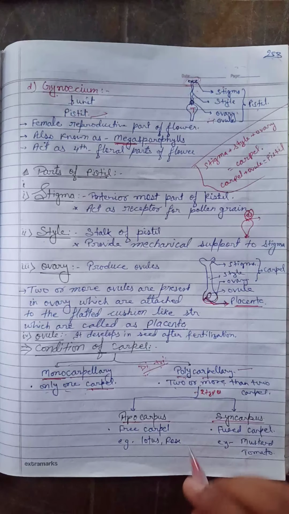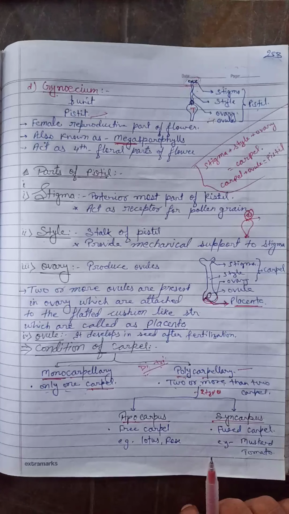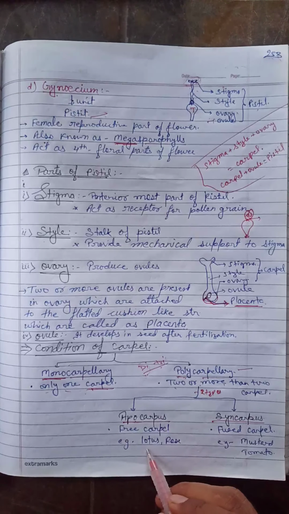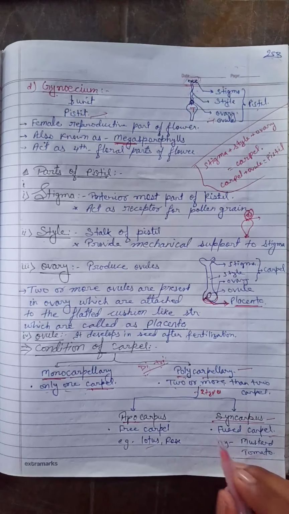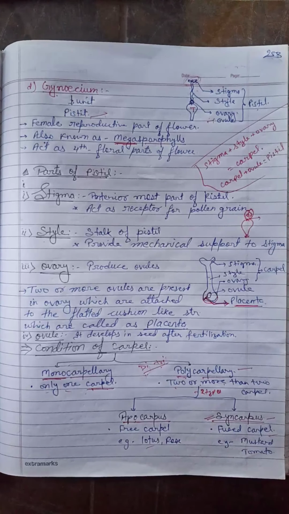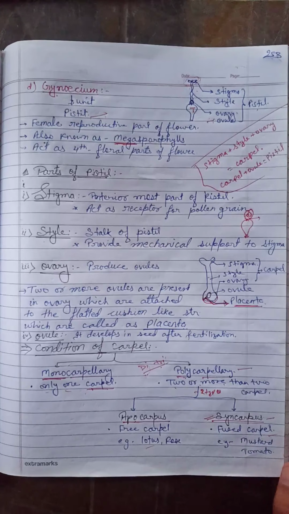That condition is called apocarpous, and it is most common in lotus and rose. And syncarpous means the fused form of carpels, that means the carpels are either partially fused or completely fused together, and it is common in tomato and mustard.